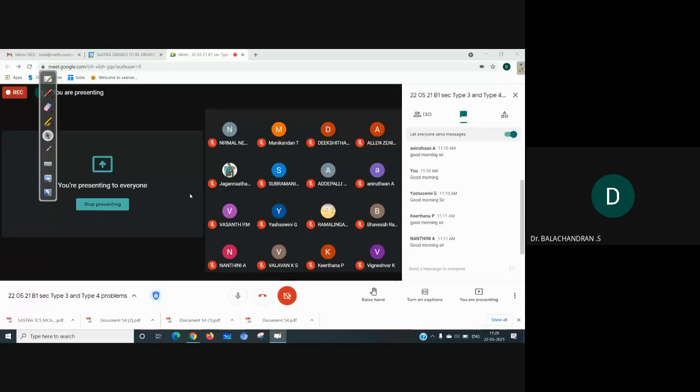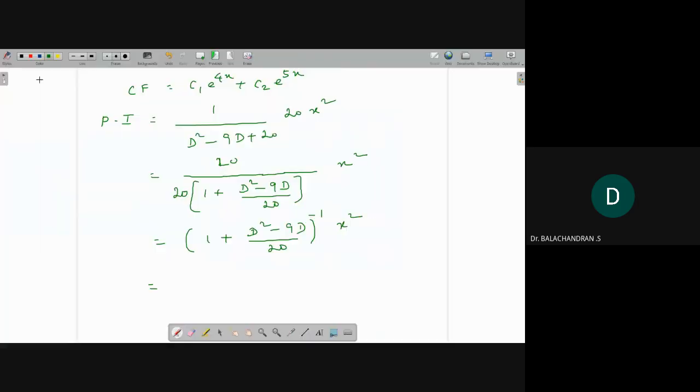Okay, Yashaswini. My question is, this is 1 plus x whole power minus 1. So how many terms do I need to write? You should tell me where I need to stop. If you tell me to stop, I don't write. Otherwise, I will write until you tell me to stop.